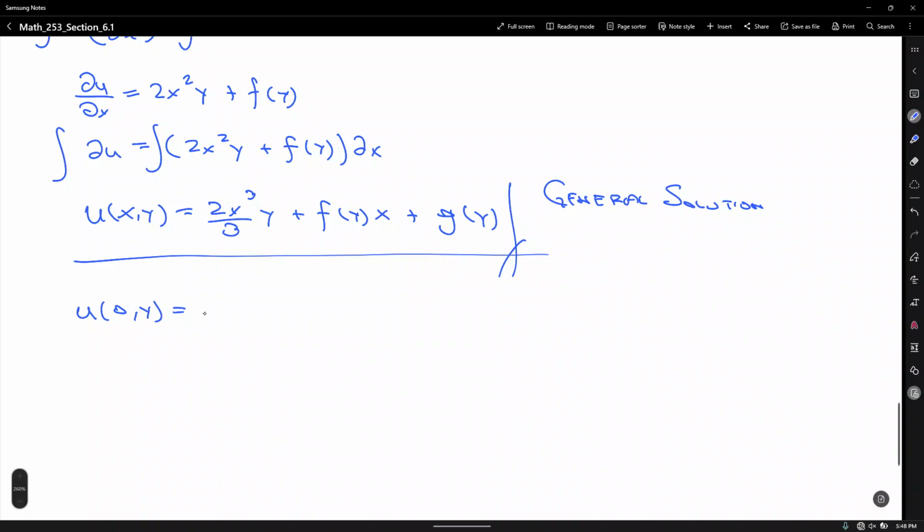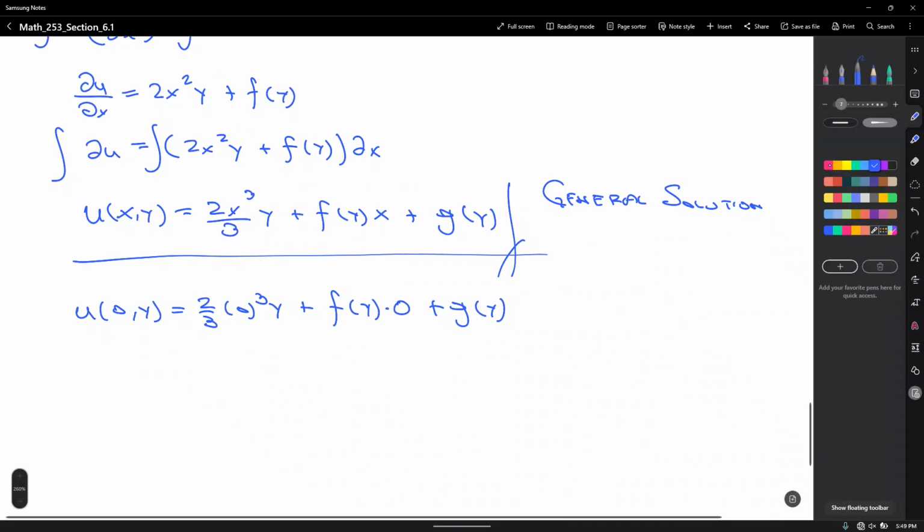That is 2/3 times 0 cubed times y plus f of y times 0 plus some g of y, whatever that is. Because of those multiplications by zeros, the first two terms go to 0.